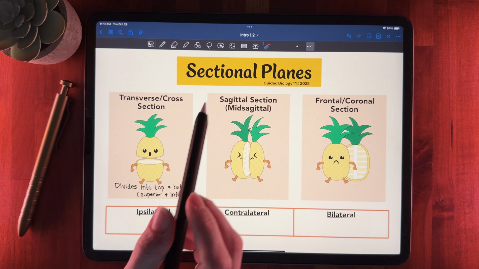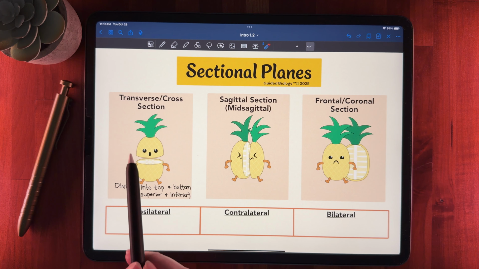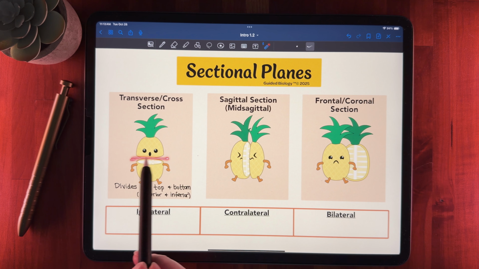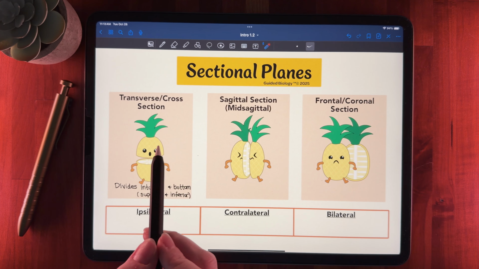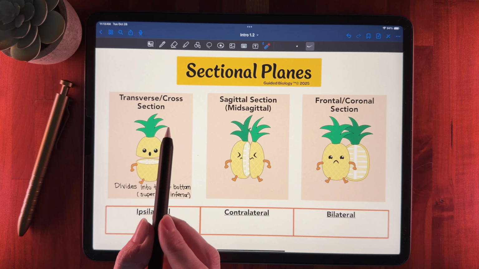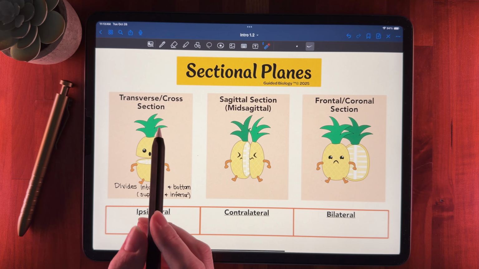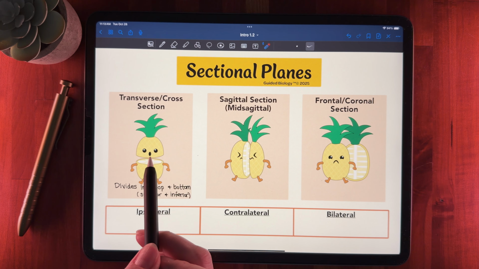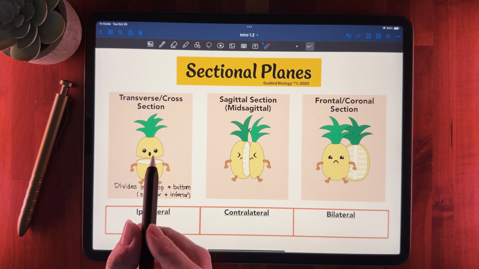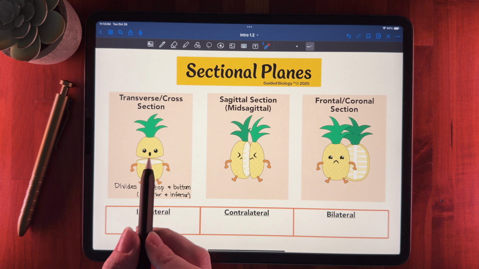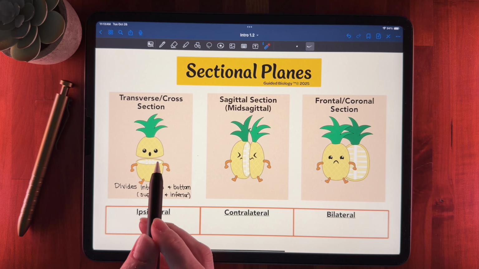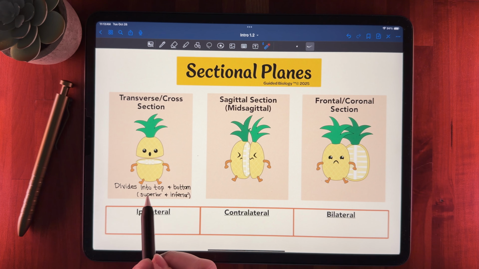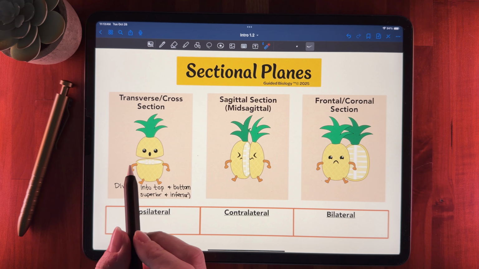All right, and so an example for this would be, you can see we've cut our pineapple here into top and bottom parts. But a practical example with the human body would be a CT scan. If you get a CT scan, specifically if you wanted to look at the vertebral discs, maybe you were looking for a herniated disc or something, you do a CT scan of the spinal column.